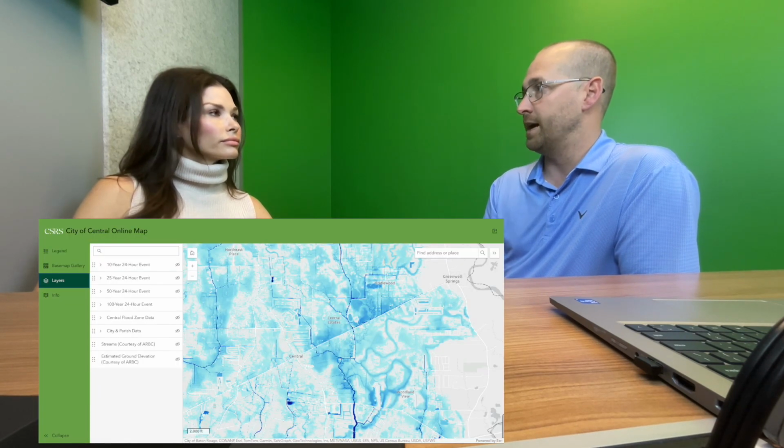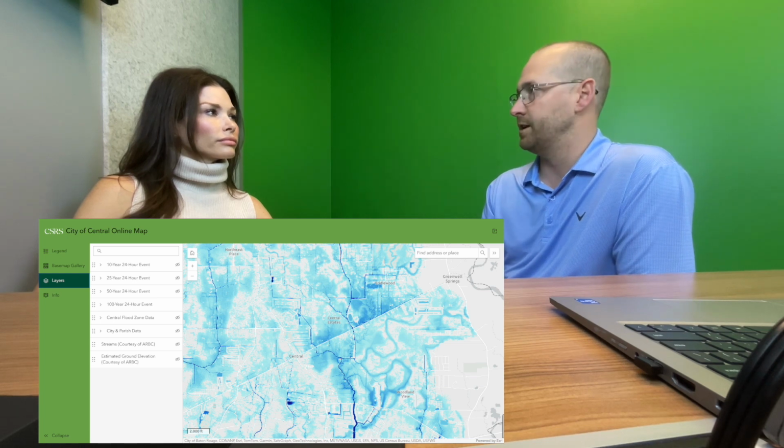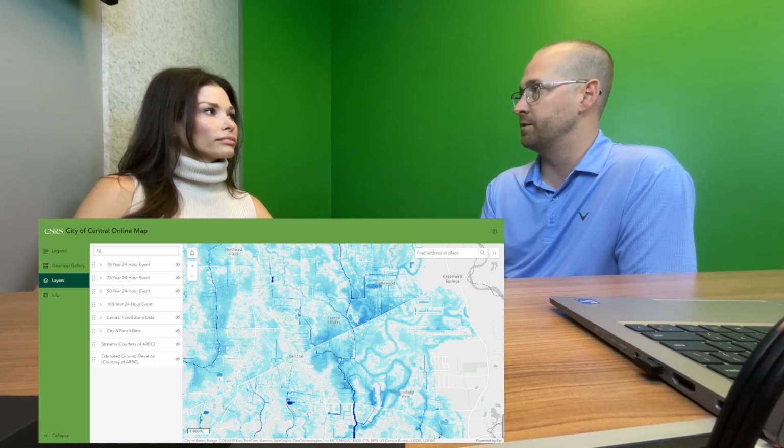Those are national data sets that can be used. But if your community, like the City of Central, East Baton Rouge Parish, Ascension Parish, a couple we've been involved in across South Louisiana, has its own hydraulic models, then you've got that additional data set. More or less they put some layers online similar to these other national maps, where you could go in, put your address, and sort of understand what your flood risk is.